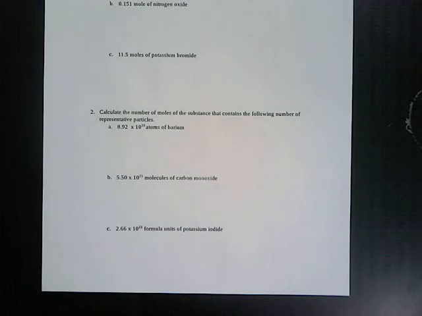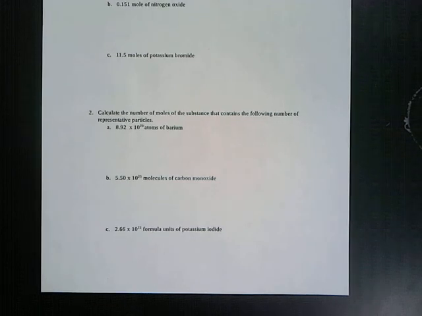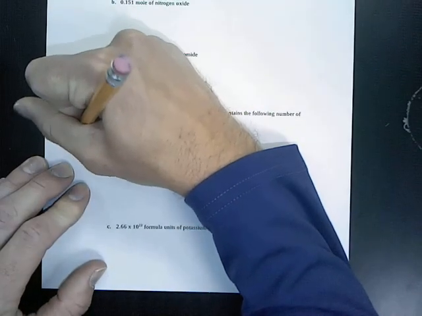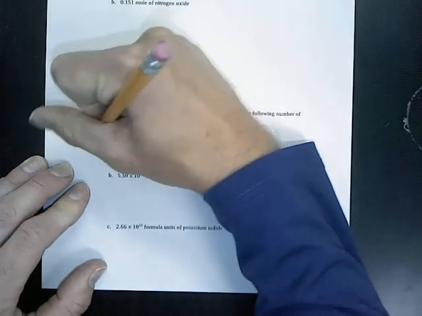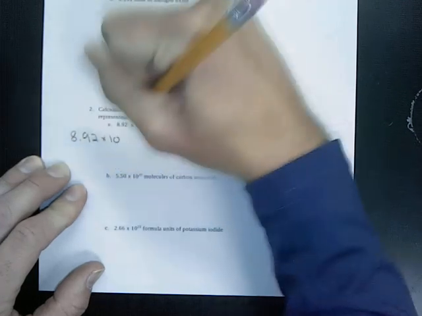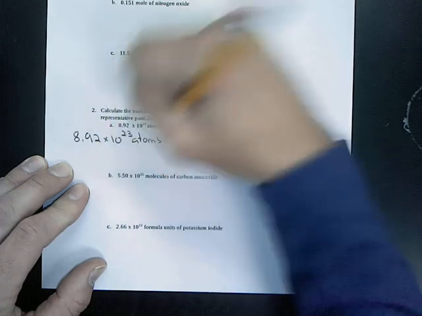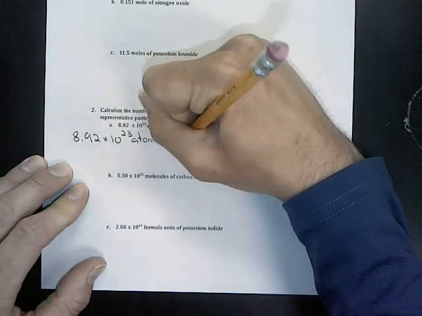It says calculate the number of moles in each of these particular representative particles. So we always start out by writing down what is given. So we are given 8.92 times 10 to the 23rd atoms of barium.